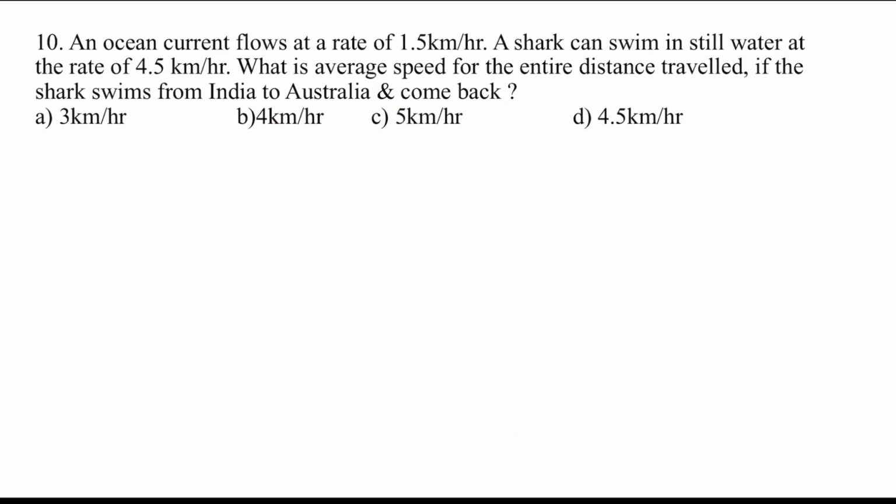An ocean current flows at a rate of 1.5 km per hour. Okay, so Y is 1.5 km per hour. A shark can swim in still water at the rate of 4.5 km per hour. So X is 4.5 km per hour. What is the average speed for the entire distance?